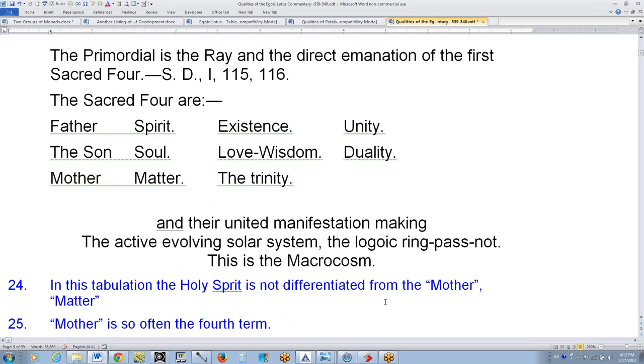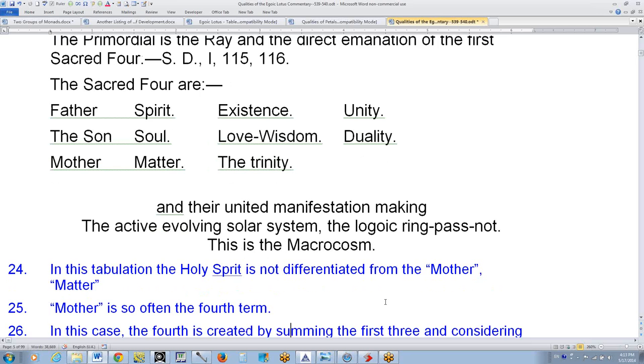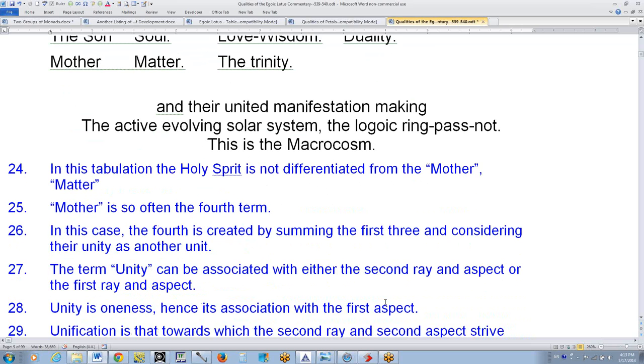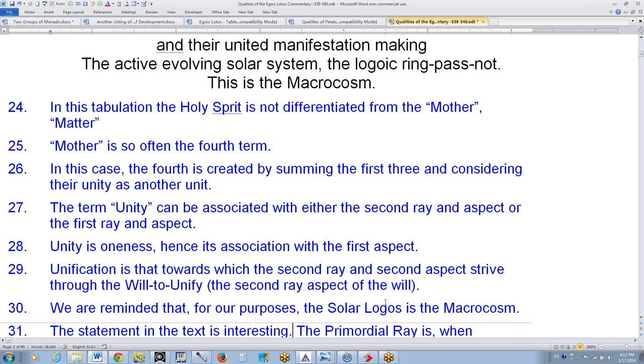Now, in this presentation here, we're not given the Holy Spirit as differentiated from the Mother. Mother is so often used as the fourth term associated with the number 4, and the Holy Spirit as Brahma with the third. So in this case, the fourth is treated by summing the first 3 and considering their unity as another unit, and this is often allowed in occult numerology.